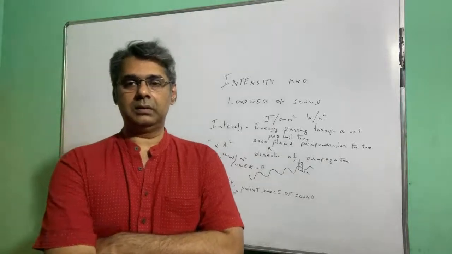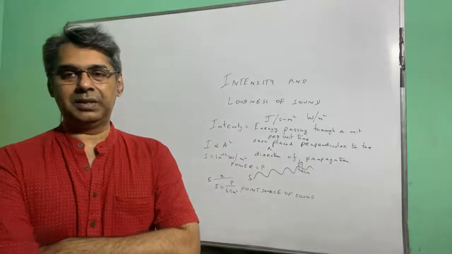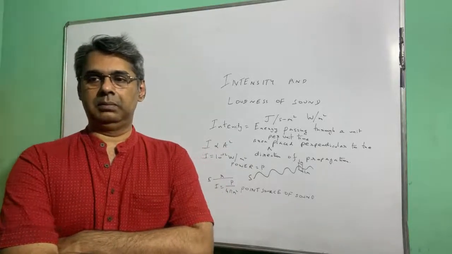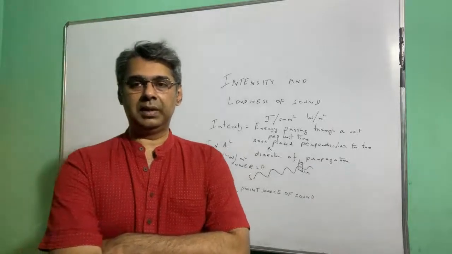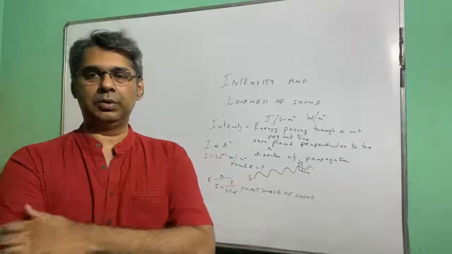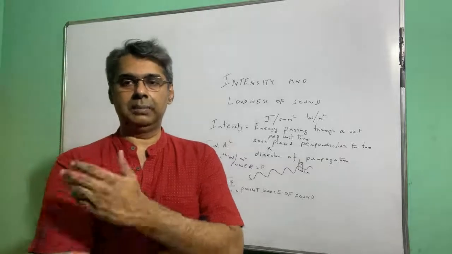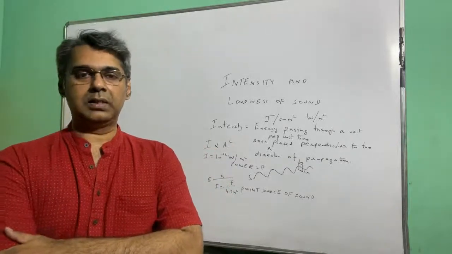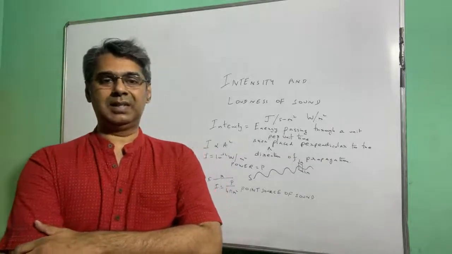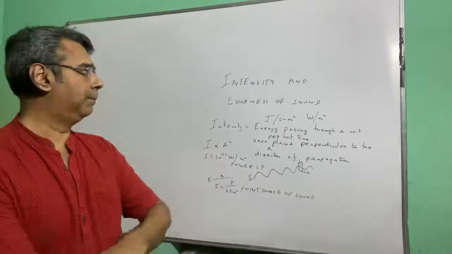So there was a debate that maybe intensity is not a quantity which we can relate to in day-to-day life because it seems to be too small, 10 to the power minus 12. So the scientists decided to try something better. That is called loudness. And for loudness, they decided to have a unit called decibel.